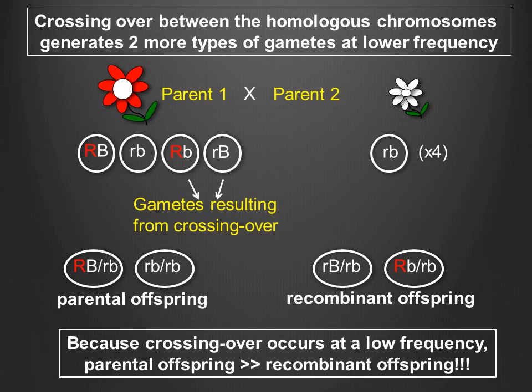The exact proportion of recombinant offspring formed is dependent on the frequency of crossing over between the two genes during meiosis, and this, in turn, is dependent on the distance between the genes. The closer the two genes are, the less likely crossing over is to occur between the genes.